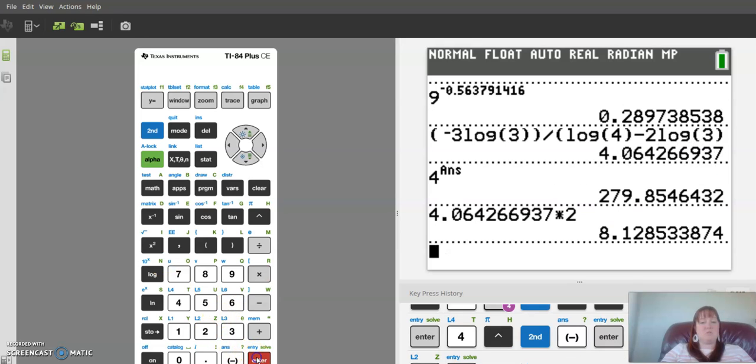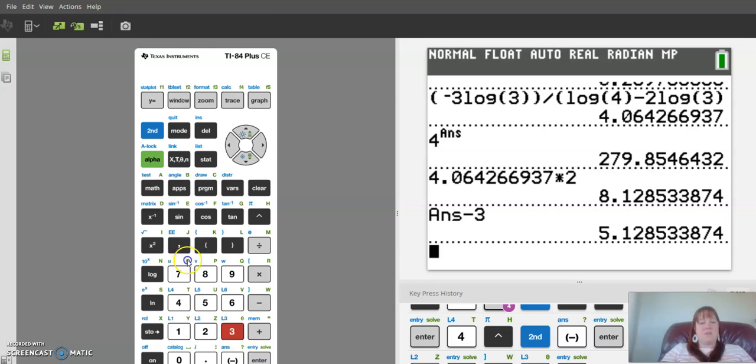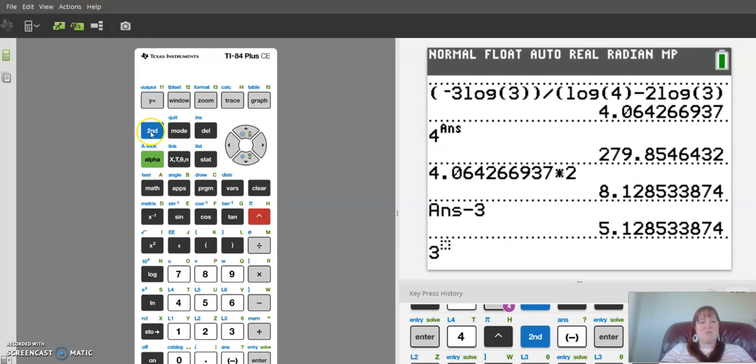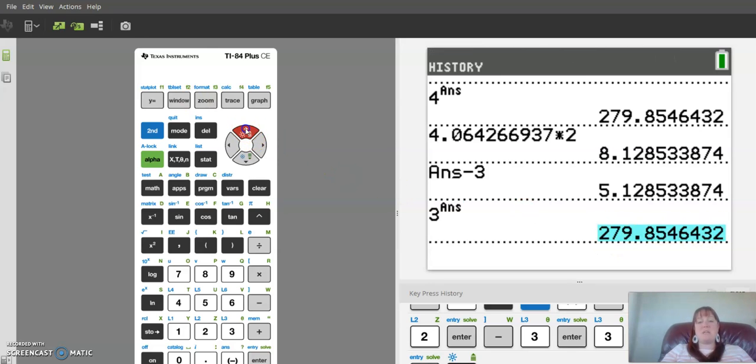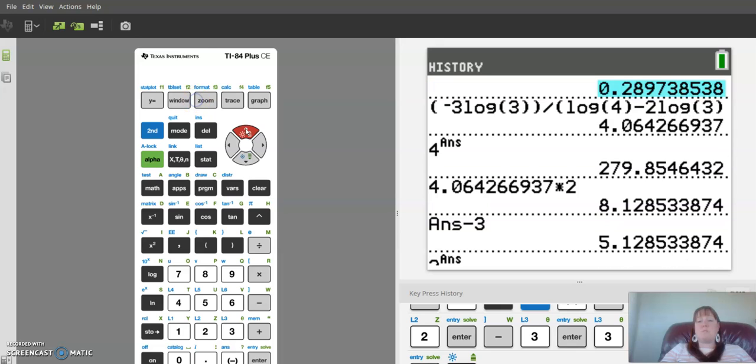Times 2 minus 3. And then if I raise 3 to that power, drum roll please. Let's hope we did it right. Aha! Do you see that 4 to my answer and 3 to my answer give me the same thing, which means we now know this number we came up with right here is in fact the correct answer. So you can just round it to 3 decimal places.